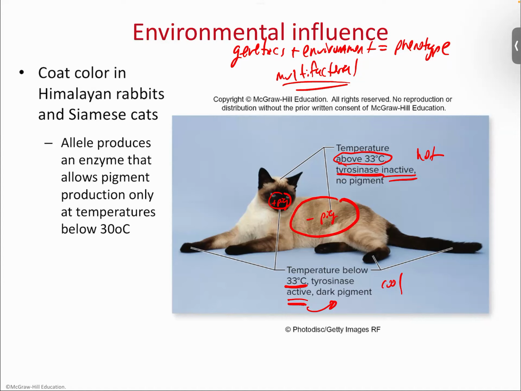So these areas, the extremities, are cooler. So you get active tyrosinase activity, melanin production, and deposition. So these are the areas where you see dark. So you can see the actual phenotype of the Siamese cat is a confluence of the genetics of tyrosinase production plus environmentally cued tyrosinase activation.